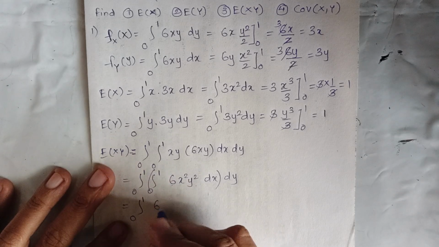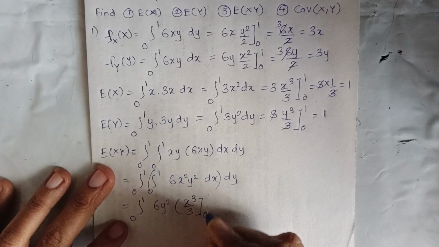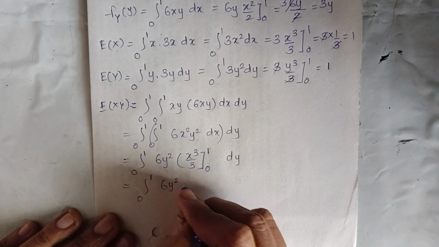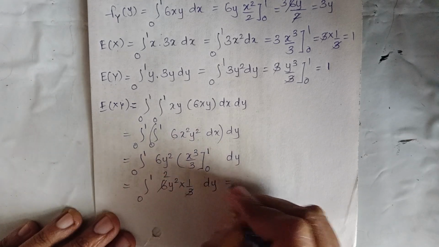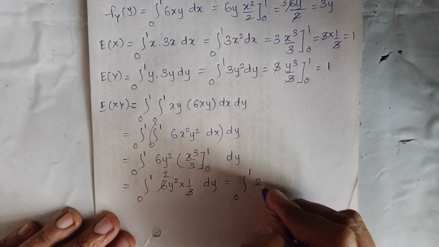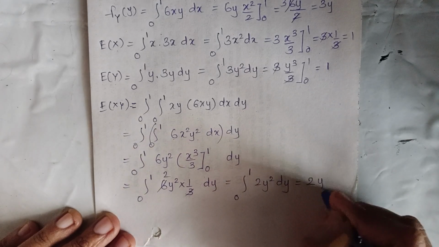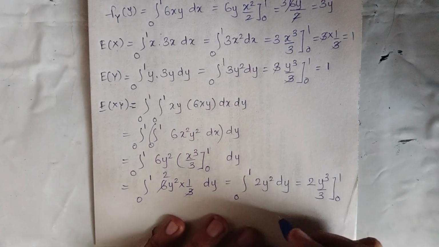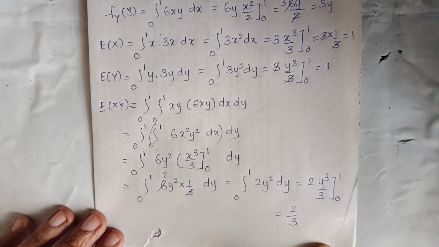So 6y square becomes your constant. So this is x cubed by 3, 0 to 1, dy. So 1 by 3, 2y square dy. So 2y cubed by 3, 0 to 1. So this is 2 by 3. So E of xy is 2 by 3.